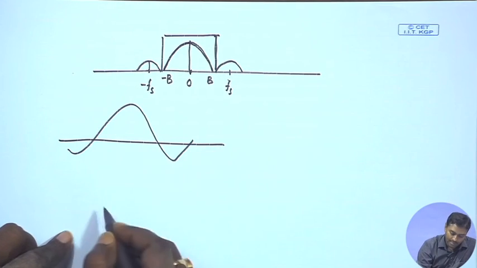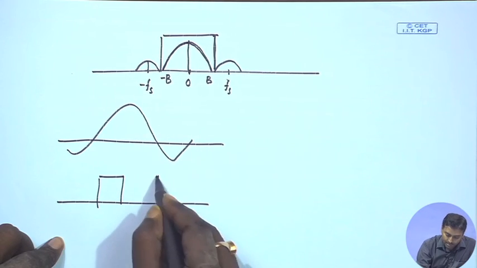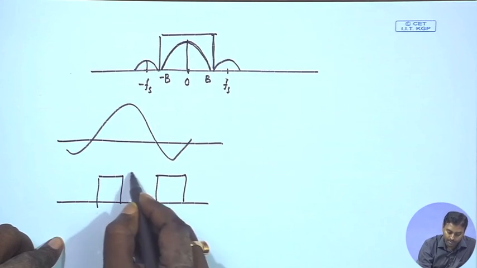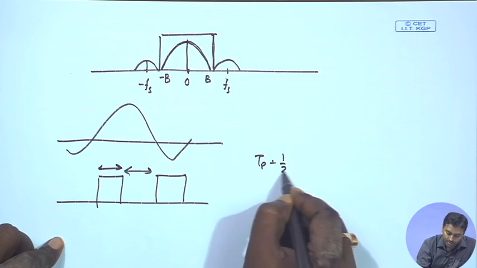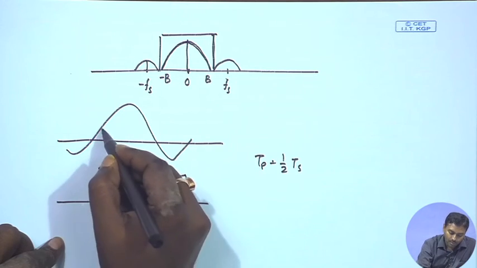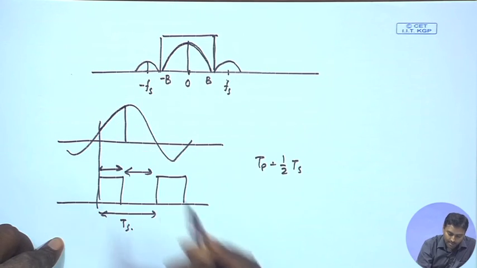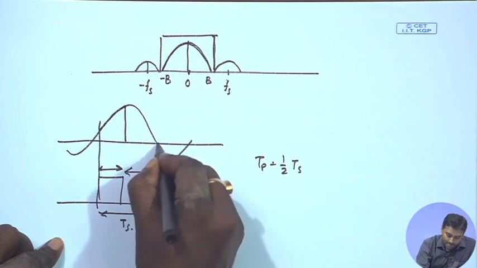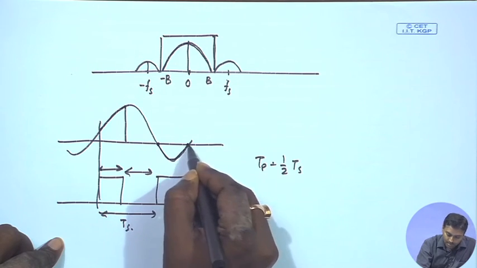Suppose I have a signal like this, I want to sample it. So, I sample it with these pulses, let us say 50% duty cycle. So, whatever this is, my Tp is just half of Ts. Okay, so, this is Ts. So, what will happen? It will just follow the signal over this half, and then it will be 0, and then again over this half it will follow this, next will be 0.